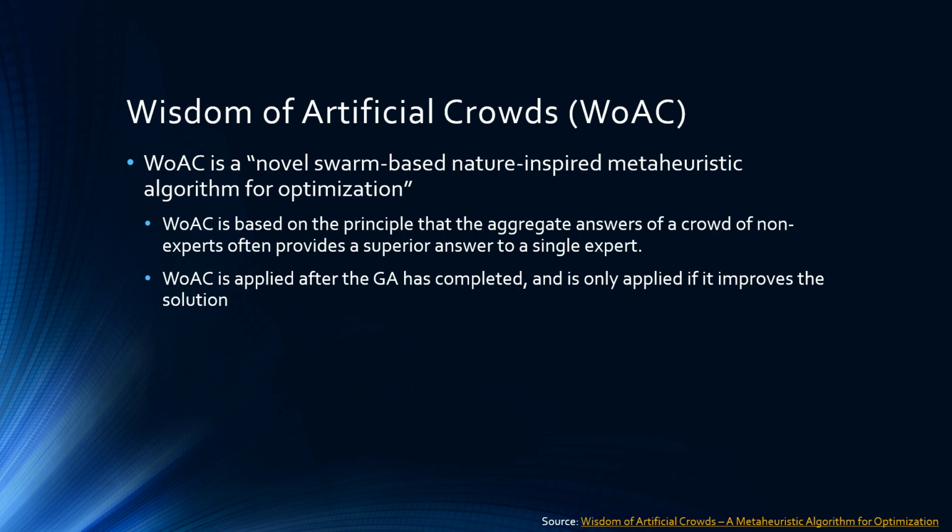Wisdom of artificial crowds is based off of wisdom of crowds, which is a principle where they had a random group of individuals back in the 1900s try to guess the weight of a cow, and then took all of their answers, aggregated them together, and compared those with answers from experts, and found that the average of all those guesses tended to be better than that of an expert.